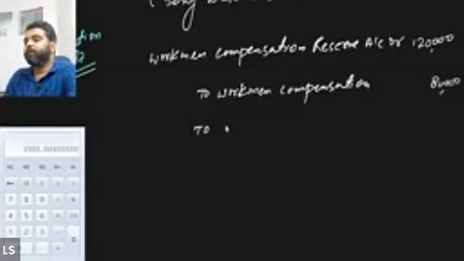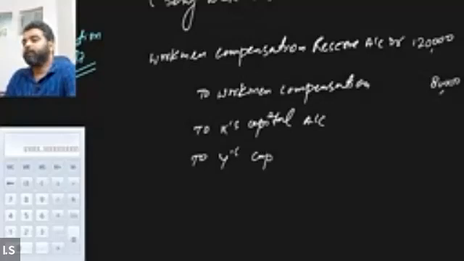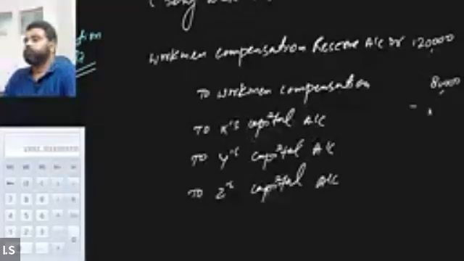So the remaining amount of rupees 40,000 will get divided among X, Y, and Z: to X's capital account, to Y's capital account, and to Z's capital account. So the remaining 40,000 gets divided among the partners in the old profit sharing ratio.